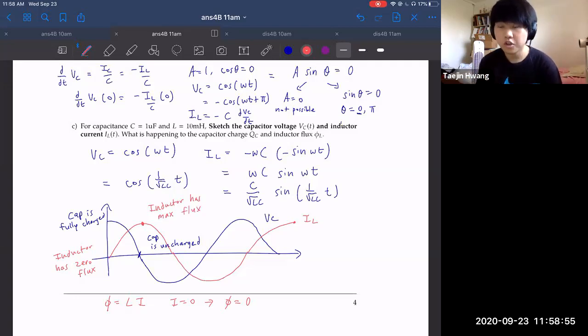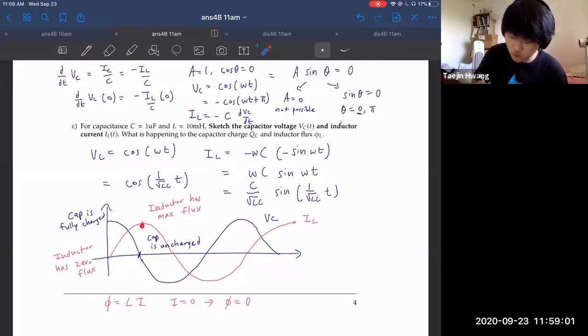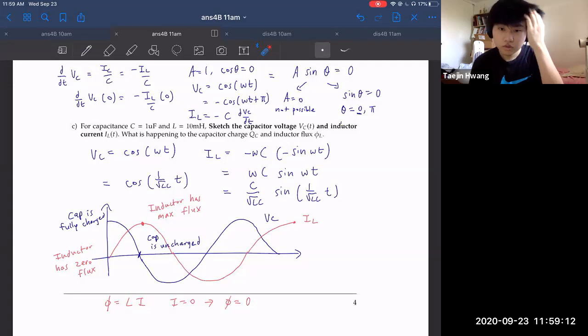In other words, all the flux is in the inductor. So you'll notice that the two are just swapping places each time, and that the voltages and currents are all sinusoidal. So any questions about that?